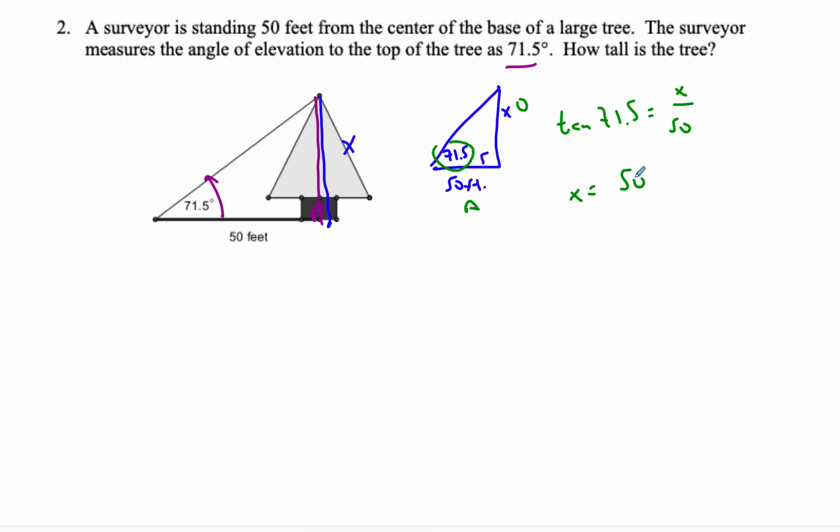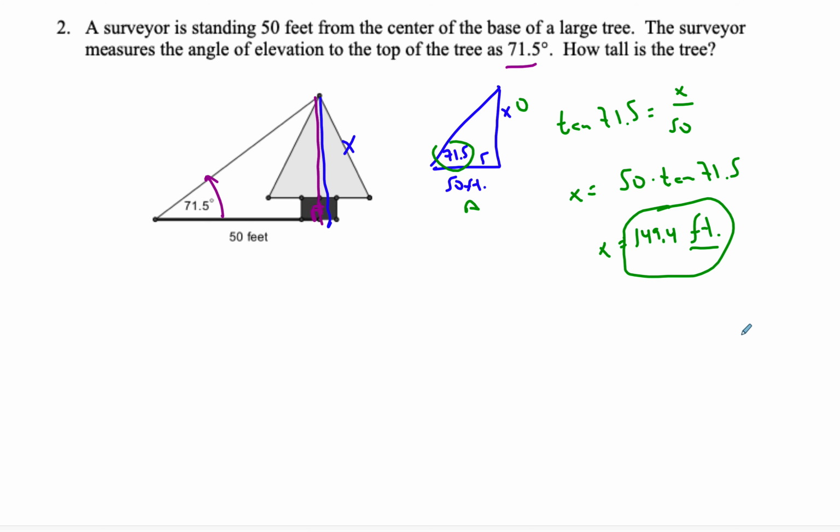X then equals 50 times the tangent of 71.5. So x equals a grand total of 149.4. And don't forget units, feet. Okay.